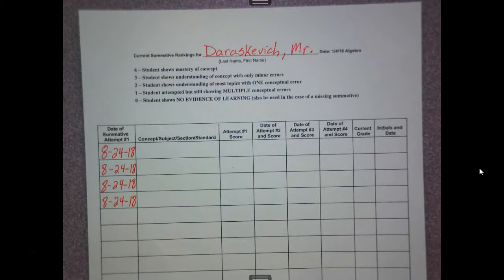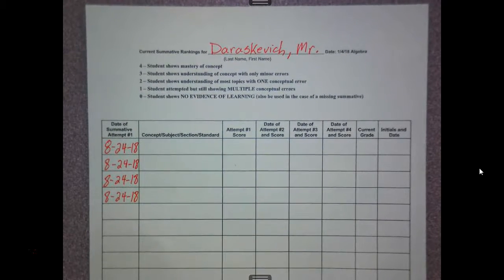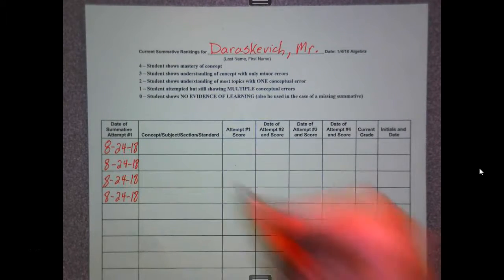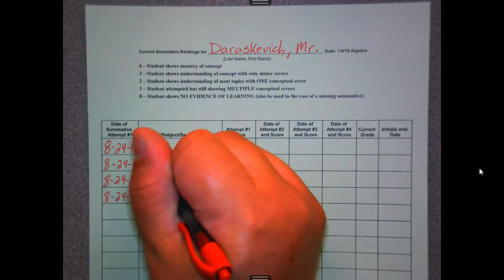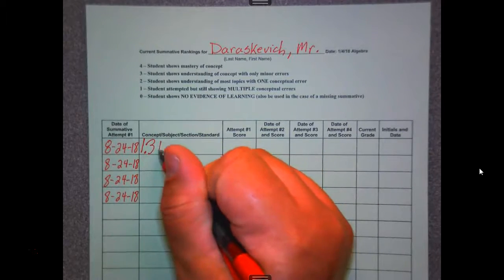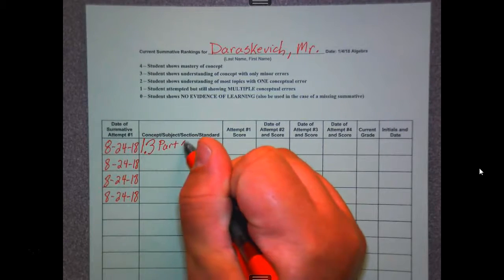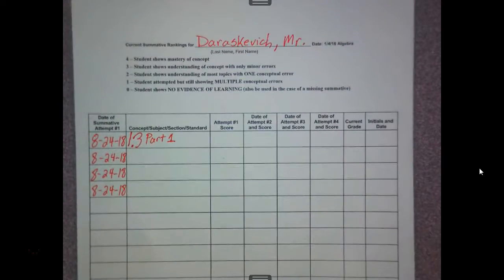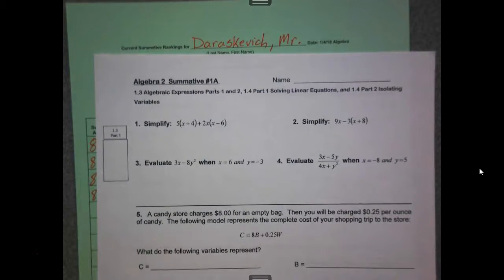Now, 1.3 is our first section, right? I'm going to make this bigger. 1.3 part 1 was the first section, and I can tell that because on the quiz, there are little boxes that tell us the section.